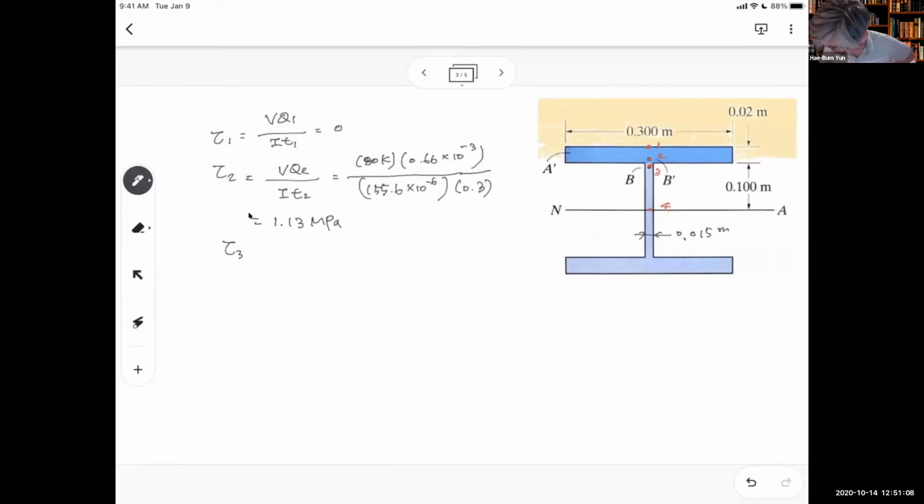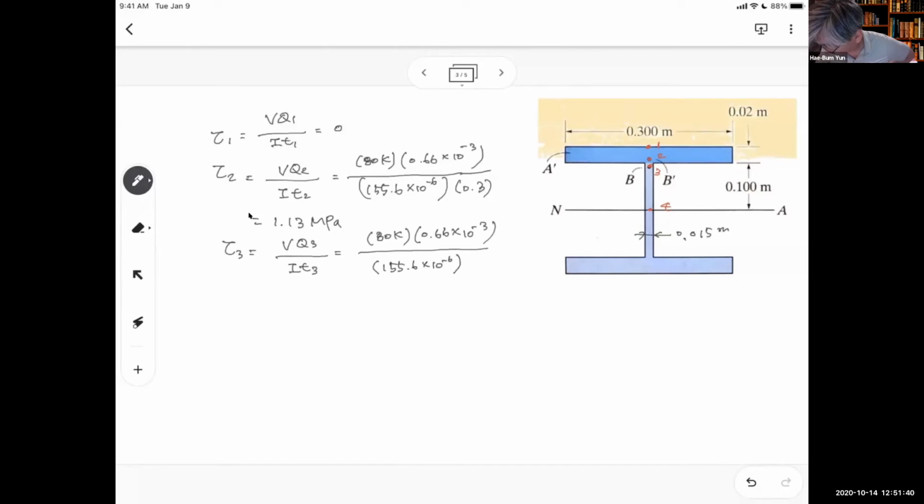Tau 3, just below the flange, okay? VQ3 over IT3. Since Q2 and Q3 are the same, the numerator is the same. I is the same.